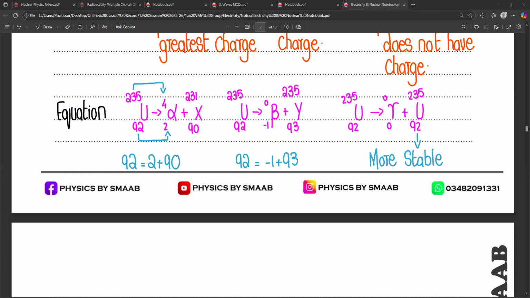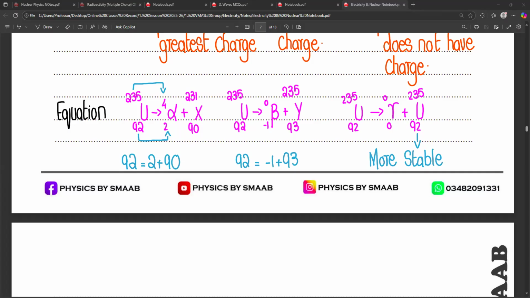Okay. So further writing down the basic properties of alpha, beta, and gamma, we have another property related to alpha, beta, and gamma because we discussed in the basic nature of alpha, beta, and gamma that alpha is a positively charged particle, beta is a negatively charged particle, and there is no charge on gamma.